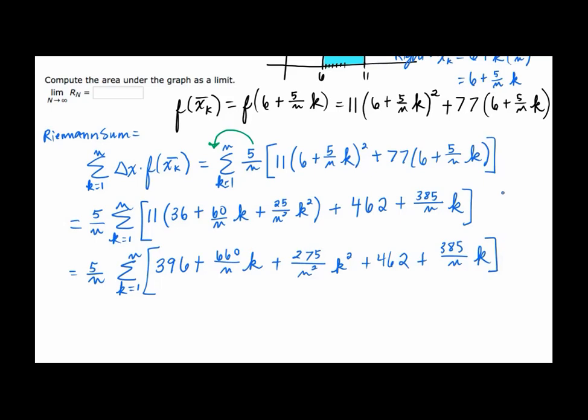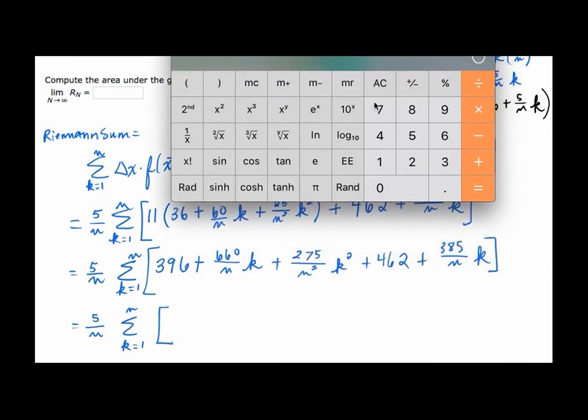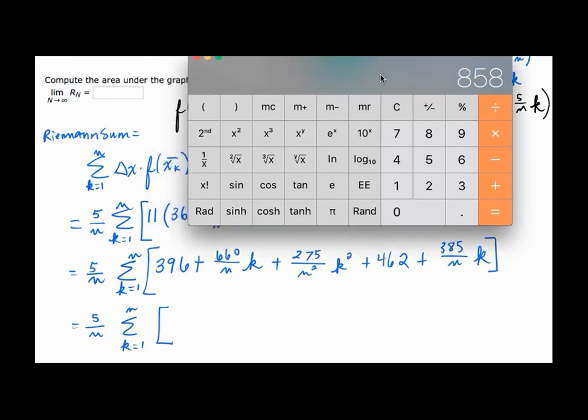All right. So we can go ahead and combine some like terms here inside the summation. So we still have the 5 over n out in front of the sum from k equals 1 to n of, we got 396 plus 462. So let's do that here: 396 plus 462 is 858.